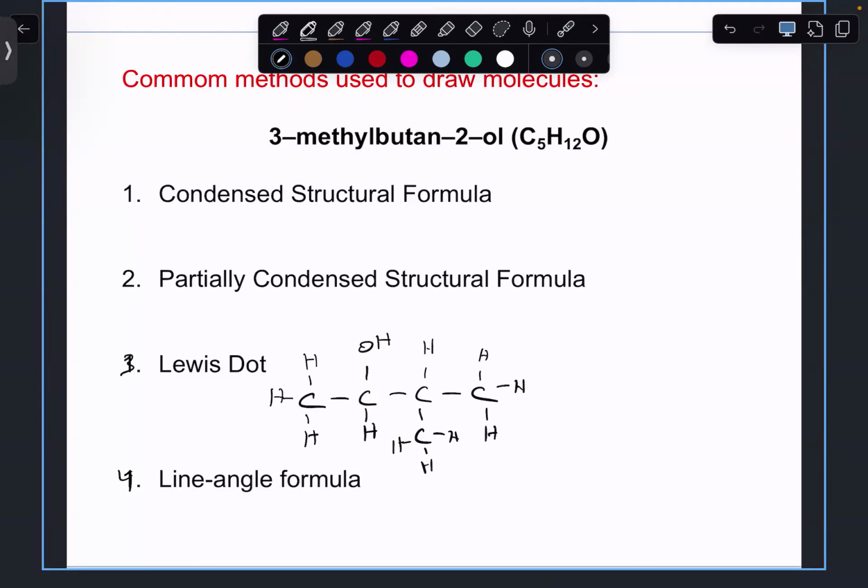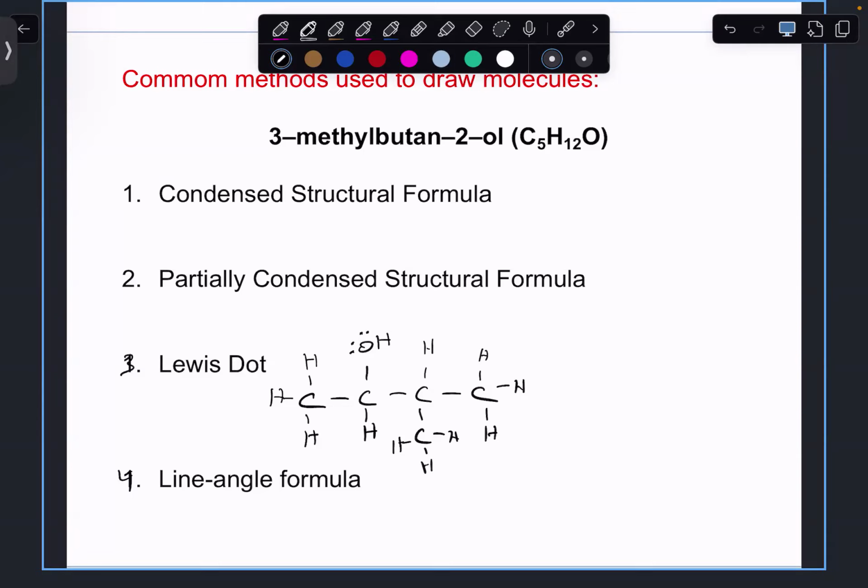That would be the full-on Lewis dot structure. And that shows exactly how the atoms are connected in this particular alcohol. But you can probably see that this would begin to get a little bit tedious. If you had to represent all of your molecules in this fully explicit, drawn out view, it takes up a lot of space. And so we don't generally do this either.